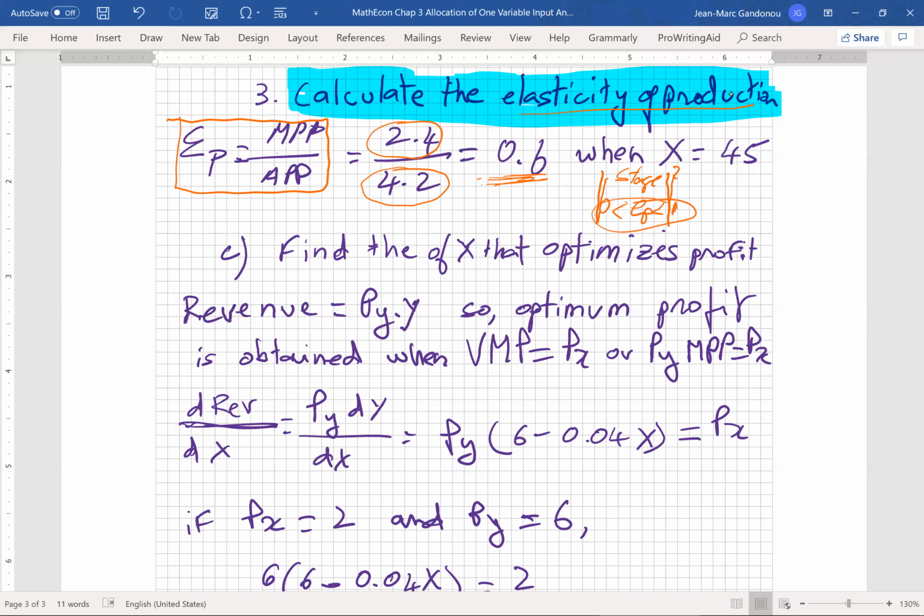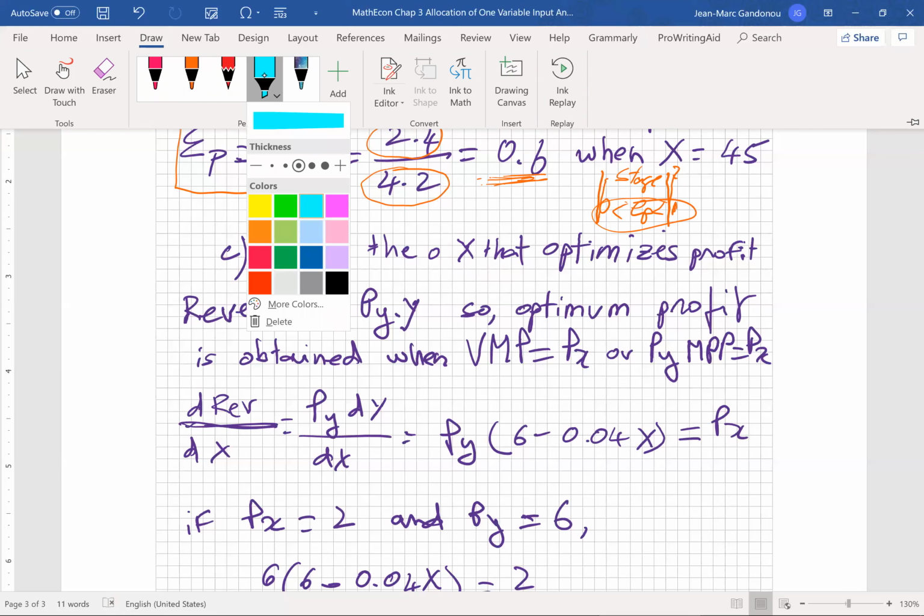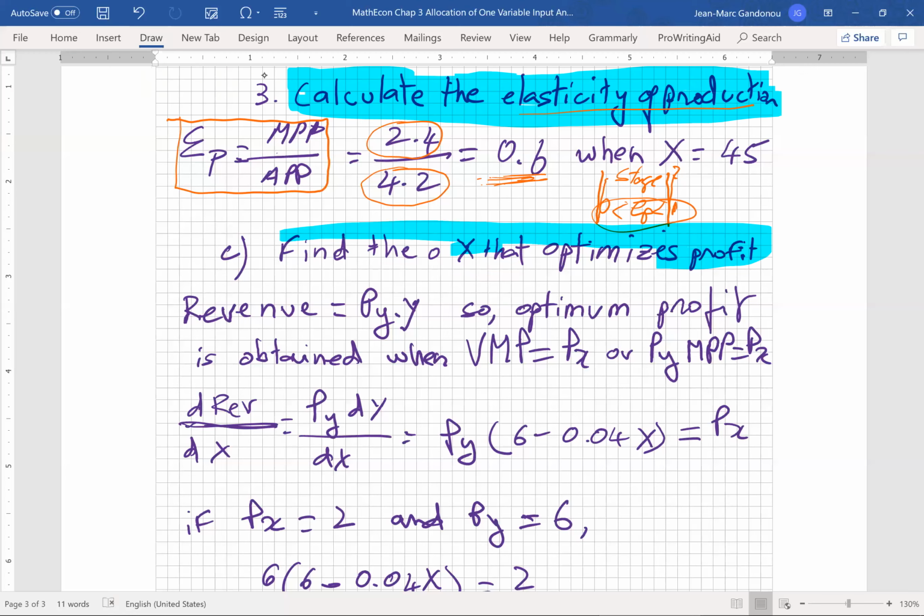Finally, find the x that optimizes profit. Find the x that maximizes profit.